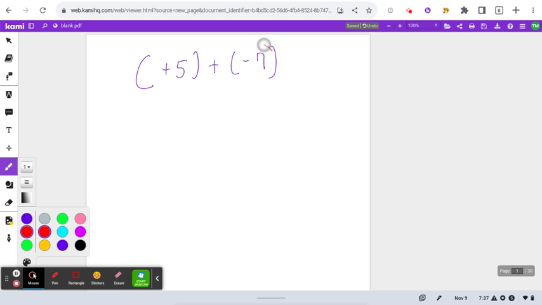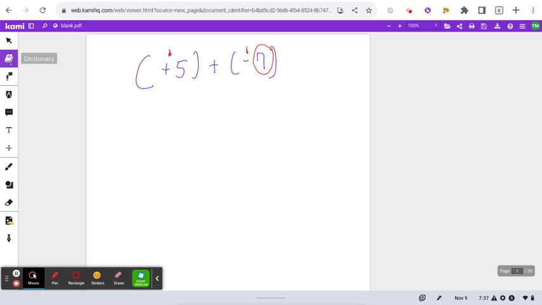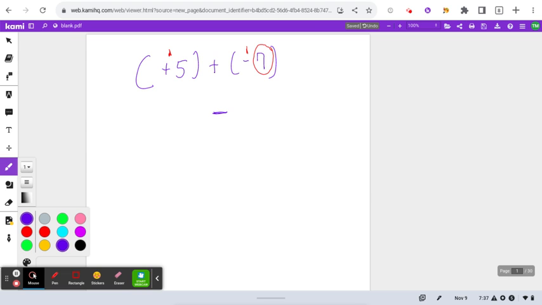The number 7 by itself, without the positive or negative in front of it, it's the bigger number. So you know the answer is going to have a negative symbol because it is more negatives than positives. Then you look for the difference between 7 and 5, and the difference between 7 and 5 is 2, so you'd get negative 2 for your answer.